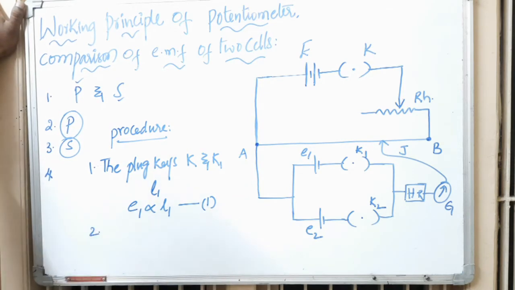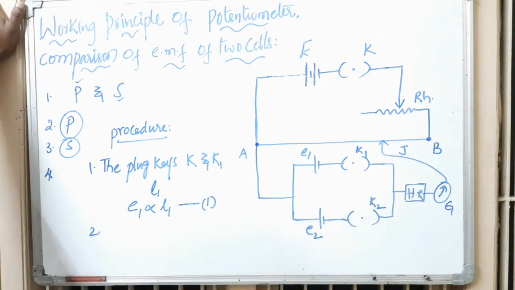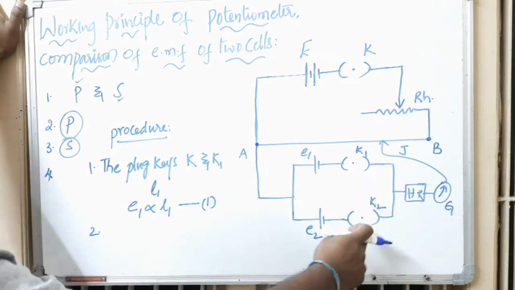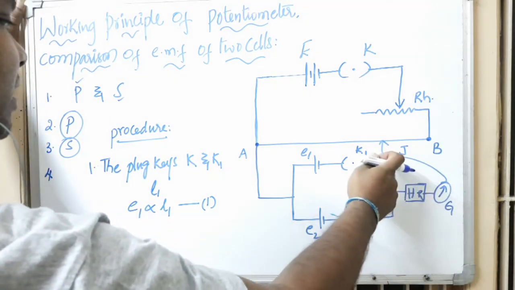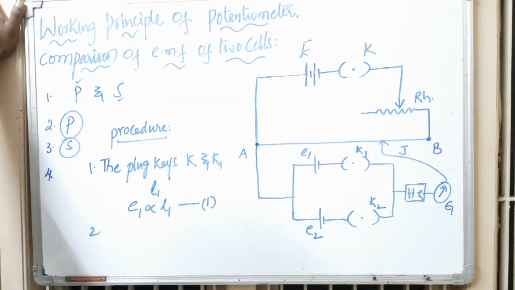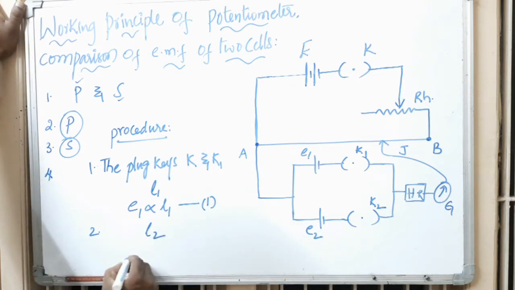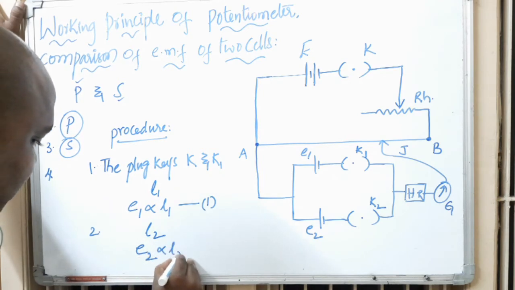Coming to the second one. Now the key K1 is opened and K2 is closed. Then again, by adjusting the jockey upon the wire, we can determine the balancing length L2, such that from this we get E2 proportional to L2.